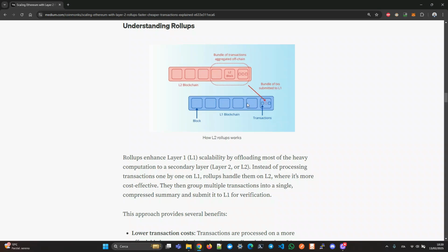In this way the layer 1 is relieved from a lot of load that it must process, because this load is processed in another chain, so we can reduce the pressure on layer 1 and have scalability.